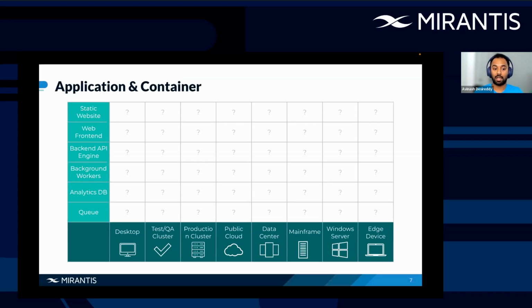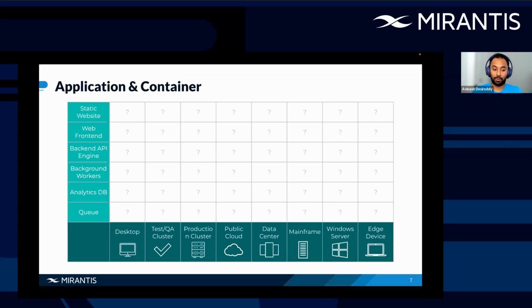And these applications can run on a wide range of environments. It can run on a desktop, or it can run in a cluster mode, in a test and QA setting, or in a production setting. The production setting or the QA setting can be on a public cloud environment or a private data center.